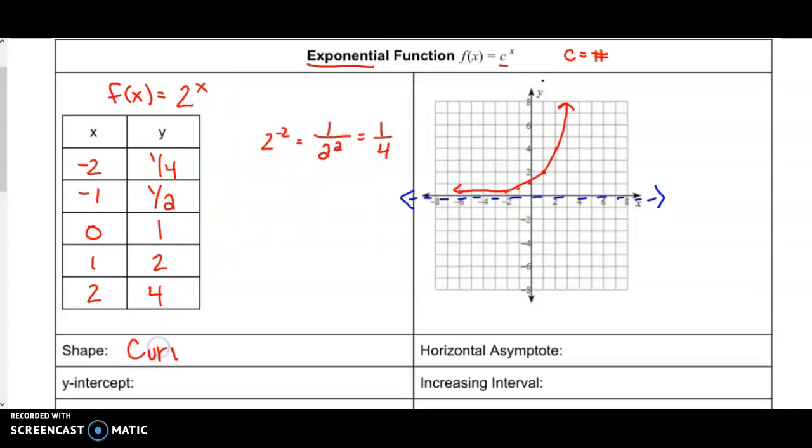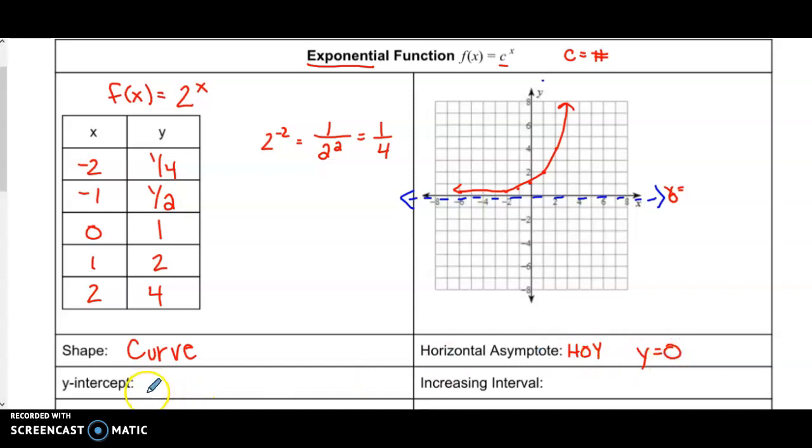I know we used curve already, so that's just your preference. Horizontal asymptote. Remember horizontal, we use the word shortcut to help us remember HOY. Horizontal, slope is 0. The equation of the line is y equals a number. So y equals, and the y value here is 0. So y equals 0.